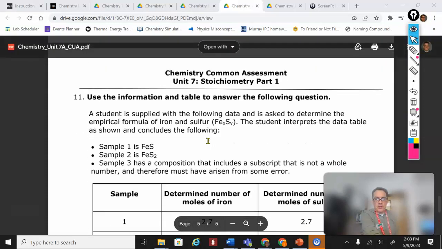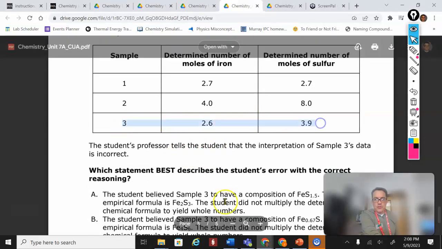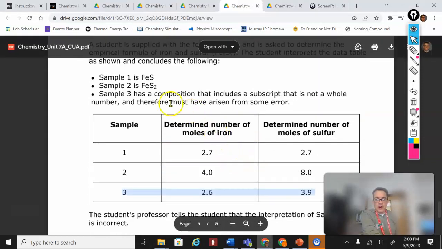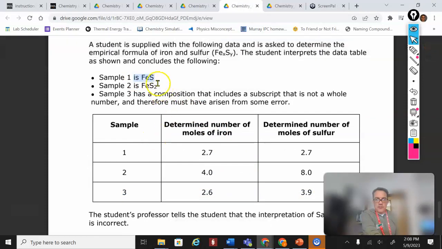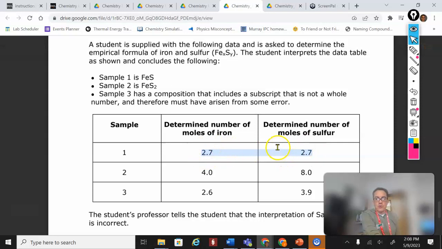So this very last one, the question is, what's up with this number right here? Sample 1 is FeS. That's a 1-to-1 ratio, so the moles are the same on this. If I divided each of these by 2.7, it would reduce to 1 to 1.